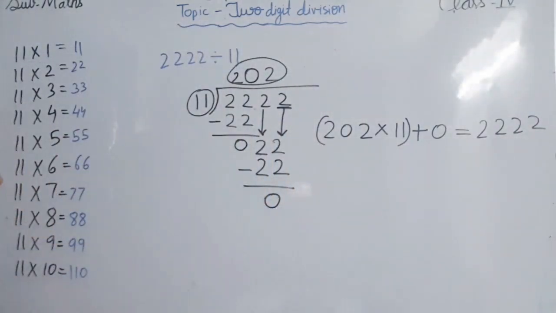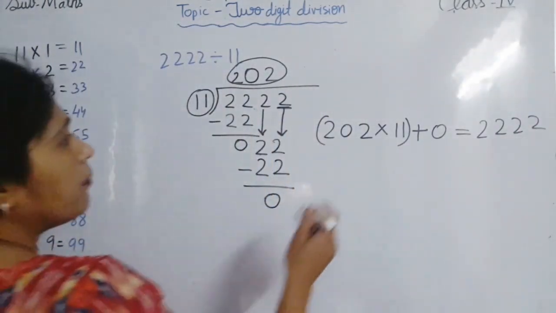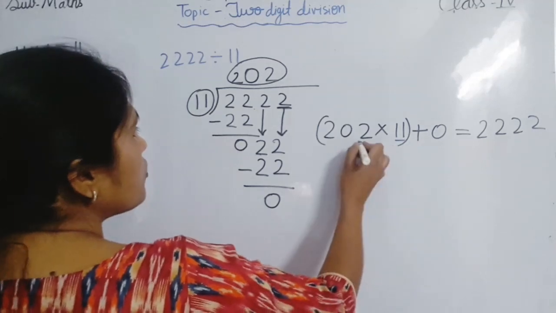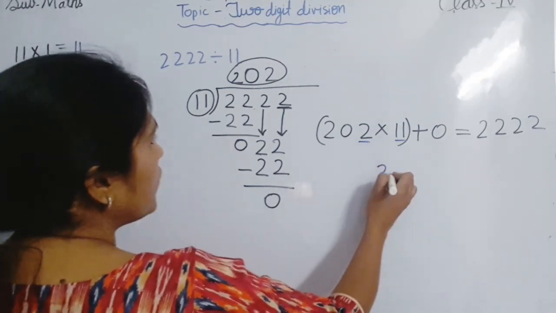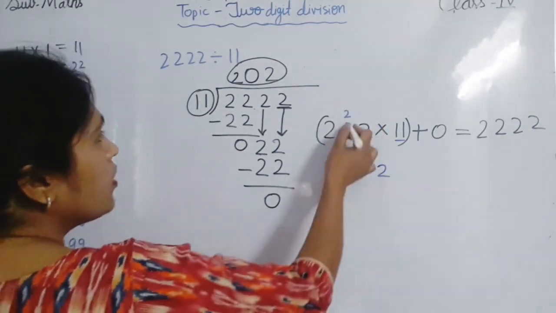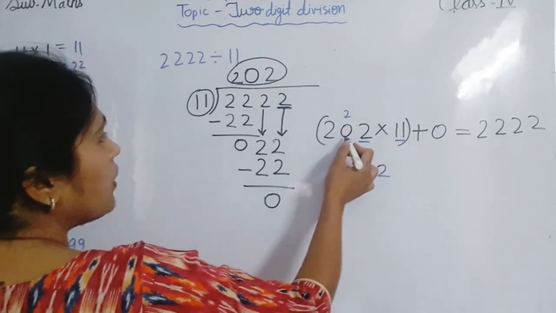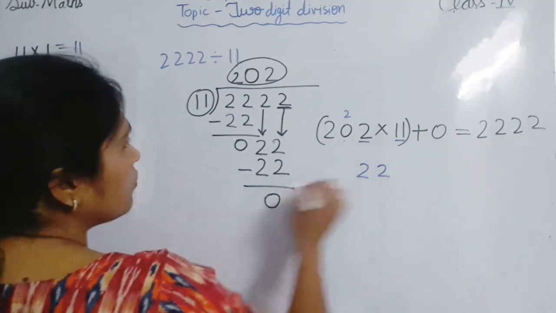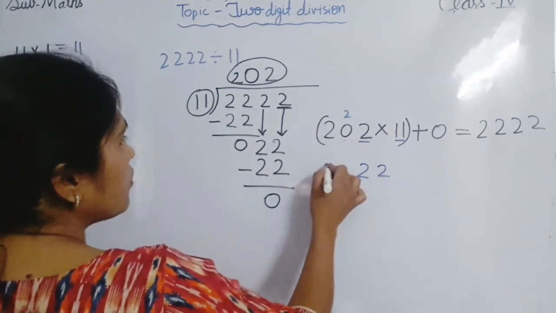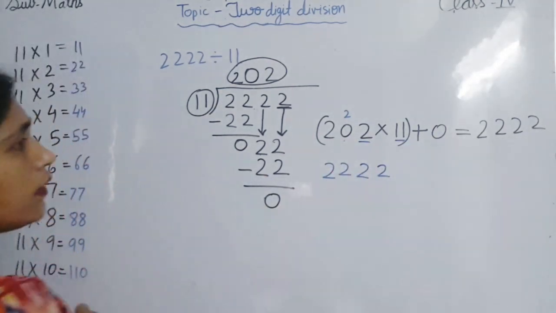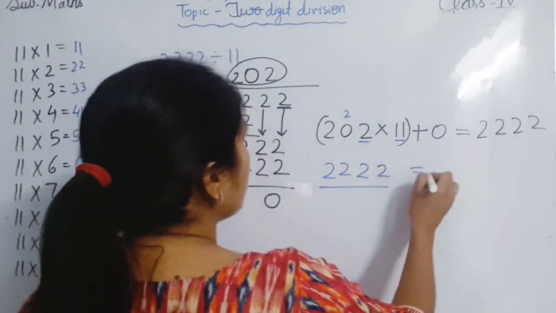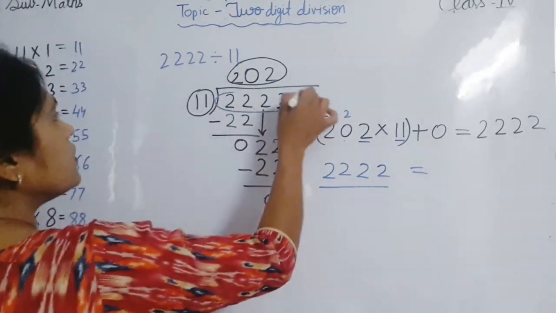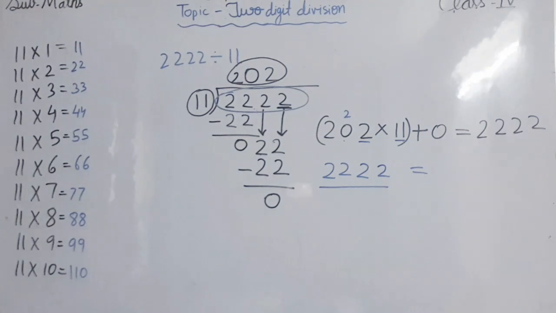Let's check it. 11 twos are 22, 2 will come, 2 goes as carry forward. Then 11 multiplied by 0 is 0, and 2 is 2. So 11 twos are 22. Now this is equal to the dividend, so our answer is correct.